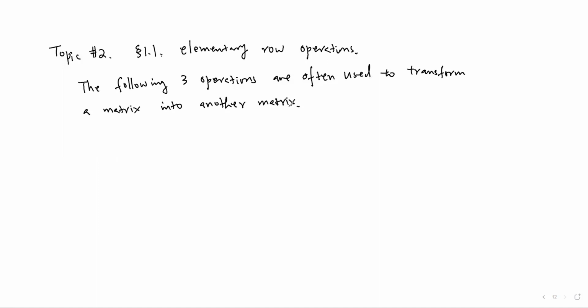These 3 operations, the book calls them, we call them elementary row operations. Okay, 3 operations. Operation number 1.